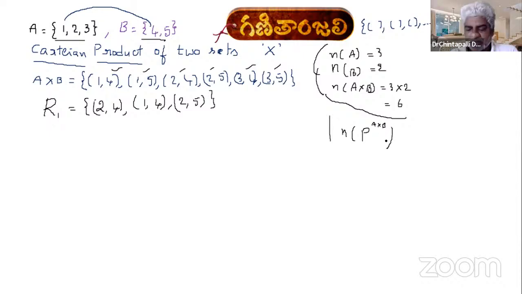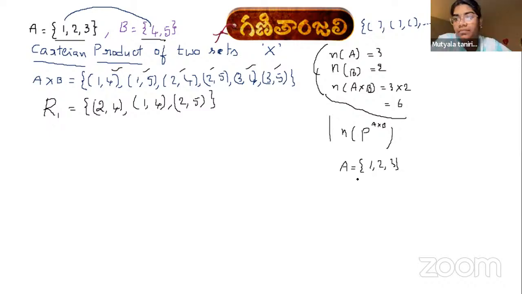There is one concept. See, if you take A, A has how many elements? 3. What are the subsets of A? The empty set is also a subset of A. That means the empty set contains all elements from A only.